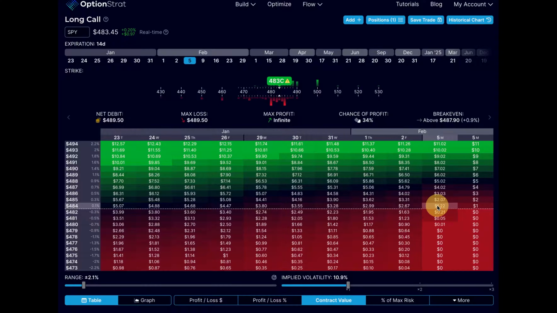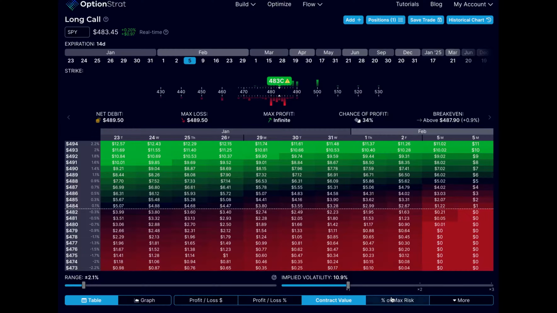This thing is going to become worth less and less until at the end of the final day, it's essentially worth nothing. Again, that's that theta decay kicking in and the value of my asset, in this case a long call, diminishing over time.